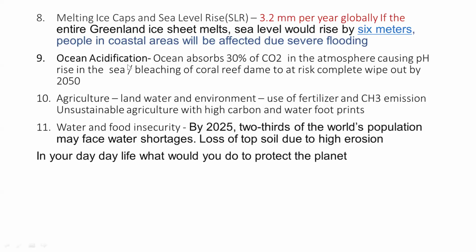Ocean acidification is the next one. The ocean absorbs 30% of carbon dioxide in the atmosphere, causing a pH change in the sea. Now, we know the ocean is always in touch with the atmosphere. There is always friction between atmosphere and ocean, so aeration takes place.